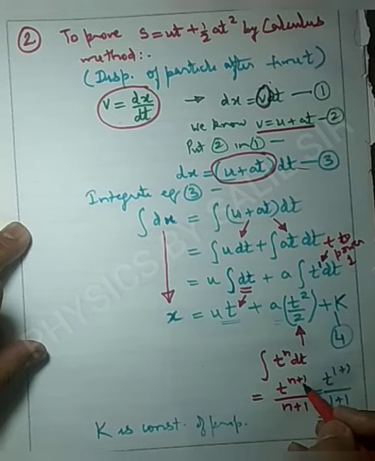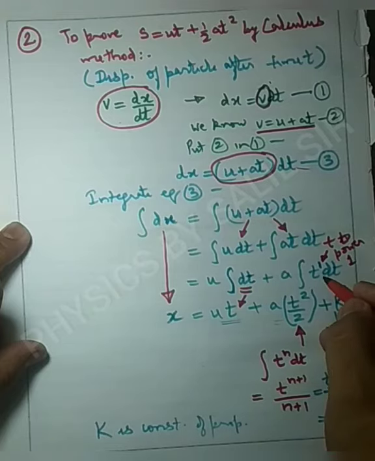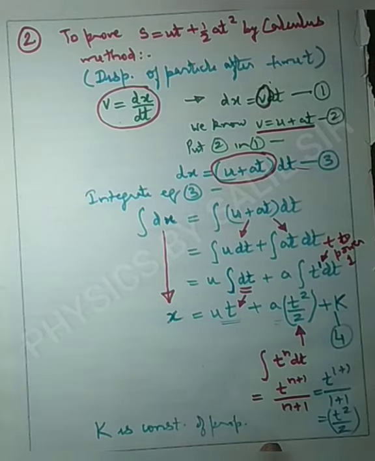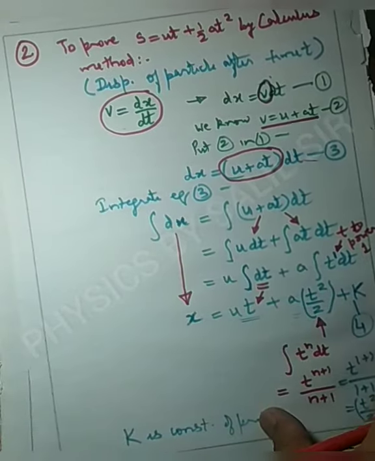Here the power is n, suppose. So t to power n plus 1 upon n plus 1, it will become t square upon 2. So that's why in place of this t to power 1, we have written t square upon 2, plus k is constant. It is the constant of integration.